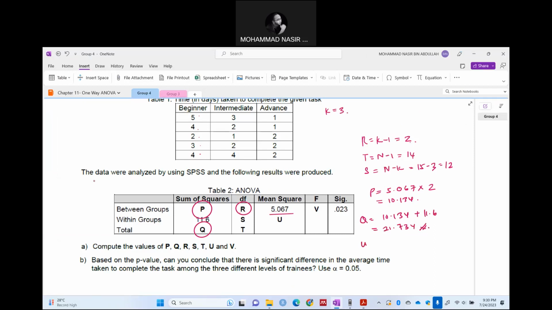And then U should be equal to 11.6 divided by S. S is equal to 12, so this should be 0.9667. And then from here, we can find the value of V, which is 5.067 divided by 0.9667.